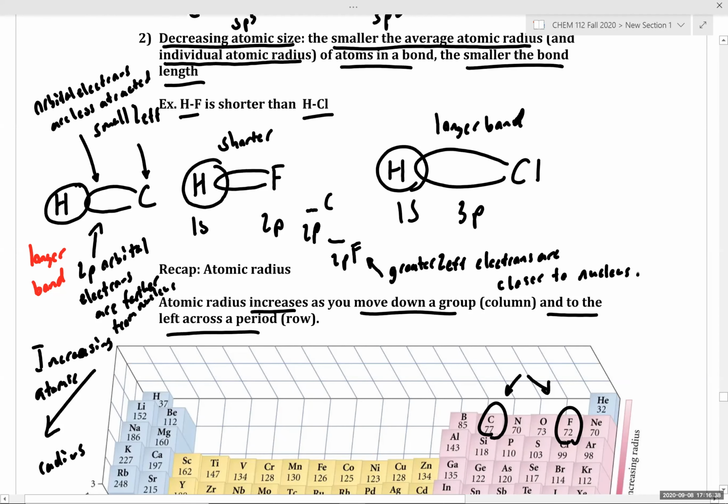So atom effects also impact the size and energy of our orbitals, which in turn affects our bond length and strength. Does that make sense to everyone? Does that tie things together? Okay, perfect. So everything's fitting together quite nicely.